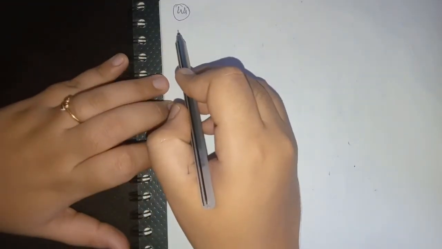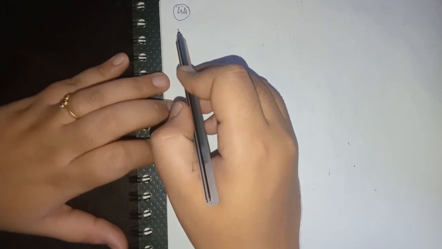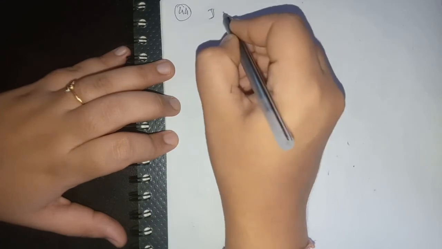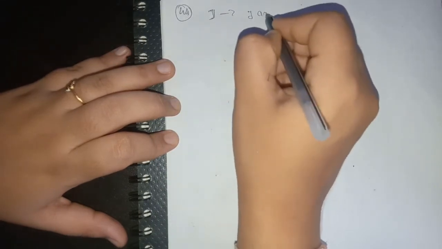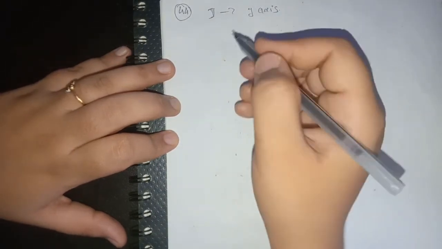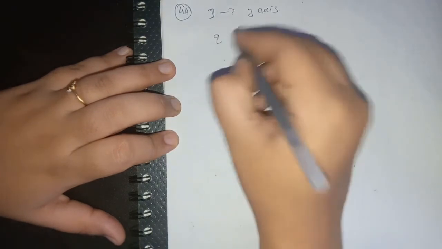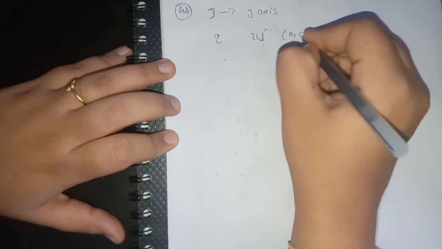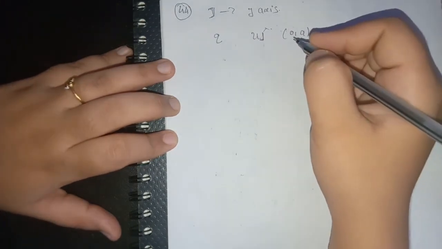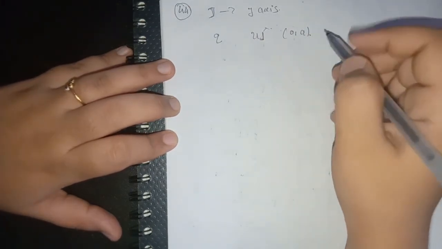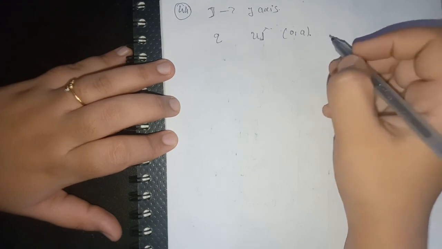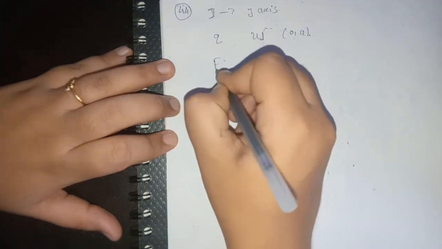In question number 44, a long straight conductor carrying current I is lying along the y-axis. Charge Q is projected with velocity u j cap from point 0, A. There are two observers, one is at rest and one is moving with constant velocity. We want to find the force experienced.